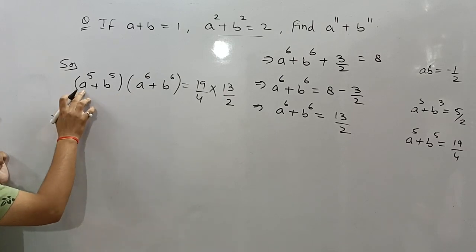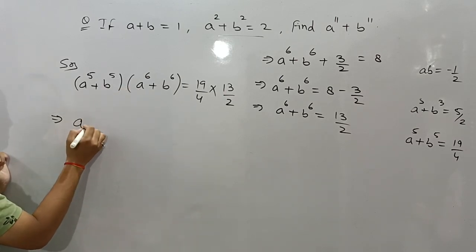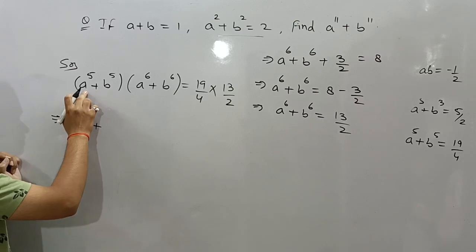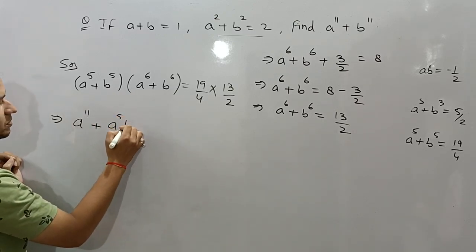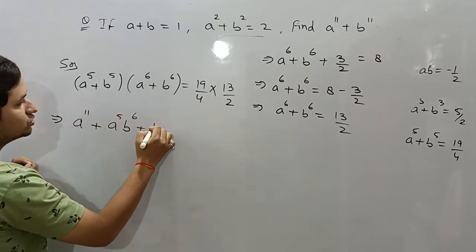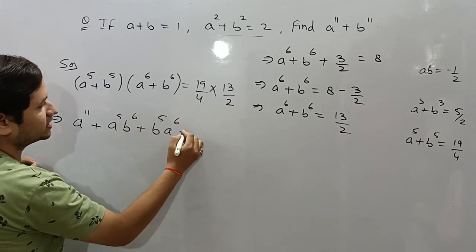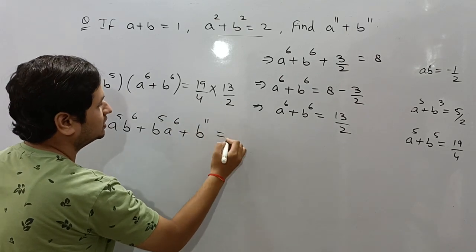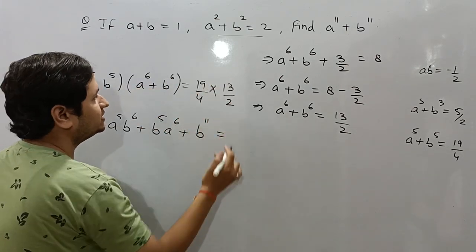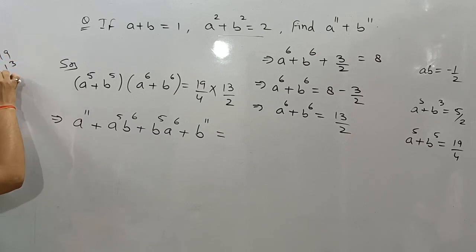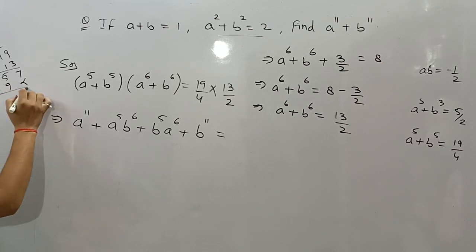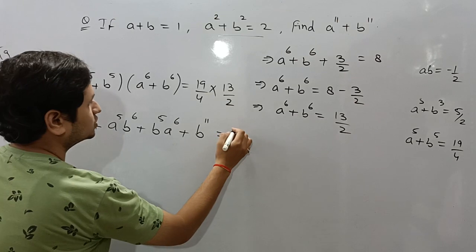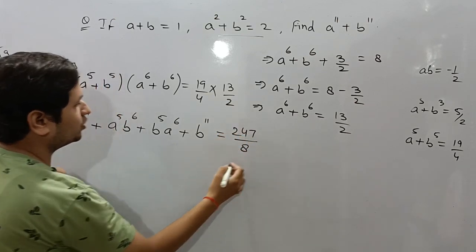Now multiply this. a^5 into a^6, a^11. a^5 into b^6, b^5 into a^6, and b^5 into b^6, b^11 is equal to 19 into 13. 19 into 13, 3 9s are 27, 3 1s are 3 and 1 9 is 1, 7 1s are 7 and 2, 247. So it will be 247/8.